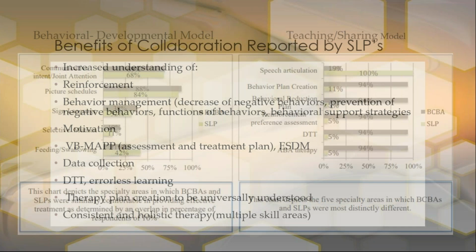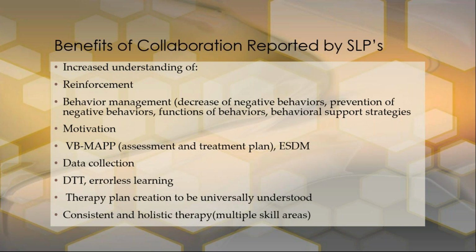So also from that survey, they found benefits and barriers to collaboration. So first I'm going to go over the benefits, and these are the benefits that are reported by the SLPs. And they reported that they had an increased understanding of reinforcement, behavior management techniques, motivation, assessments that we commonly use, data collection.